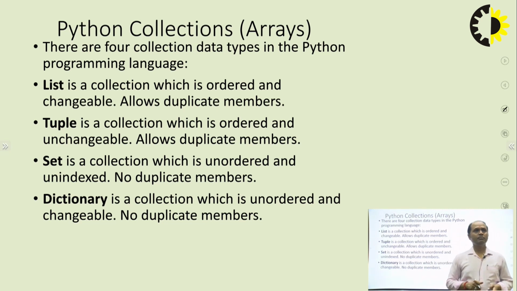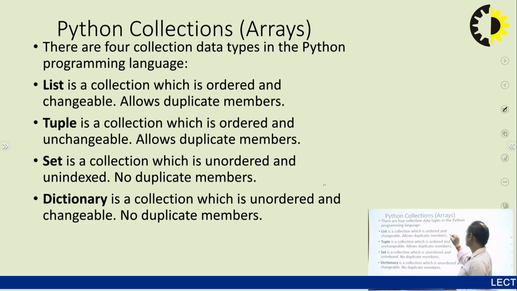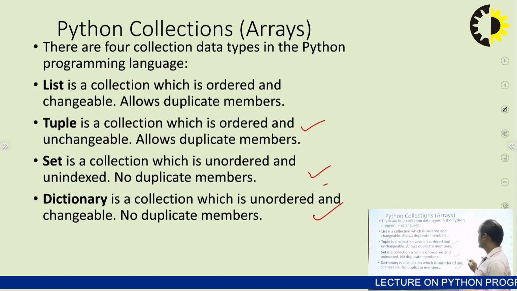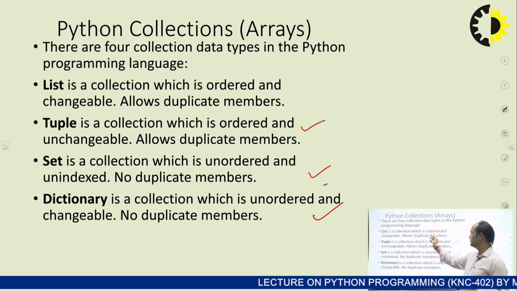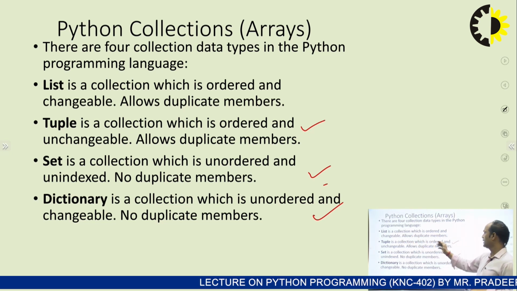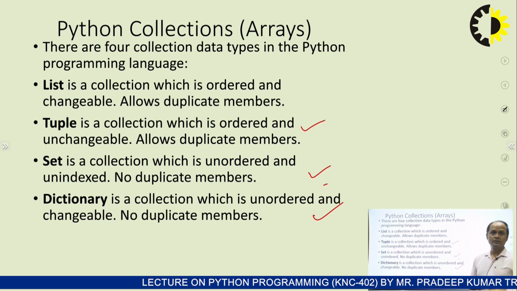Now, in Python there are 4 collection data types: list, tuple, set and dictionary. I have already discussed the list. A list is a collection which is ordered and changeable and allows duplicate values.